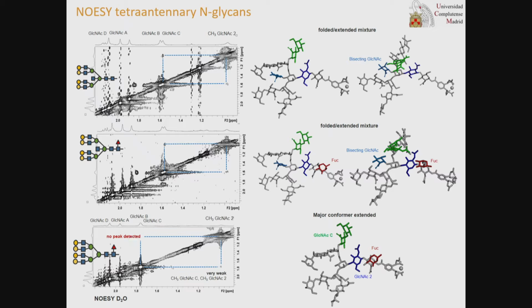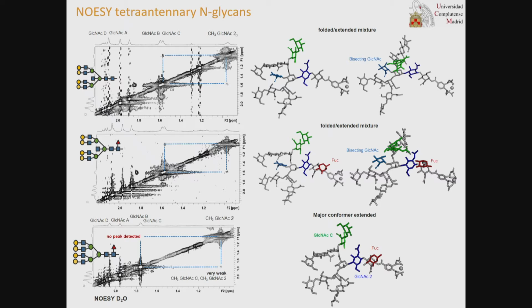Then the conformation is mainly extended in the compounds without the bisecting unit. But when you have the bisecting unit here, this makes like a switch, and this folds, and then you can detect the folded structure in the compound.